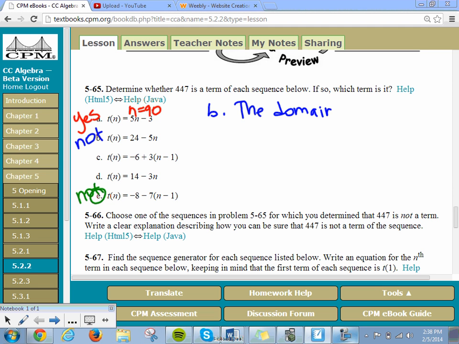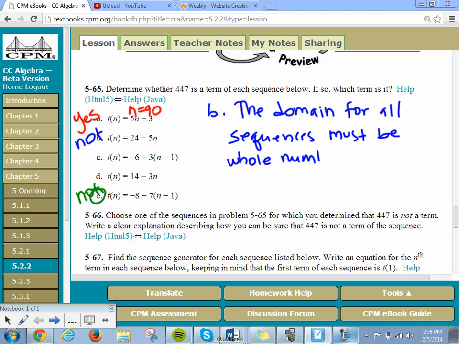The domain for all sequences must be whole numbers. In B, we saw that the answer was a negative and a decimal.